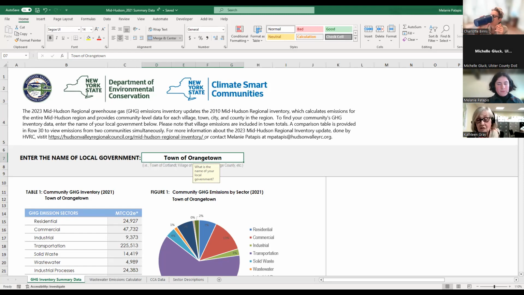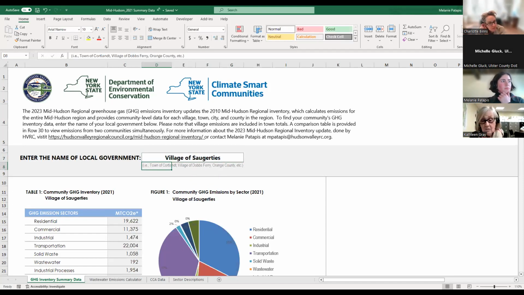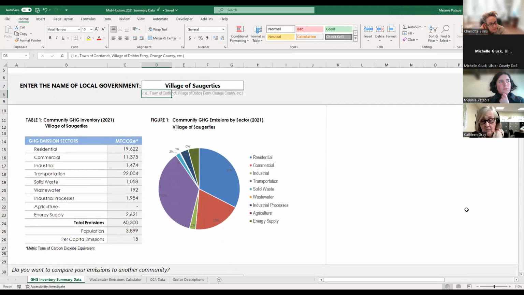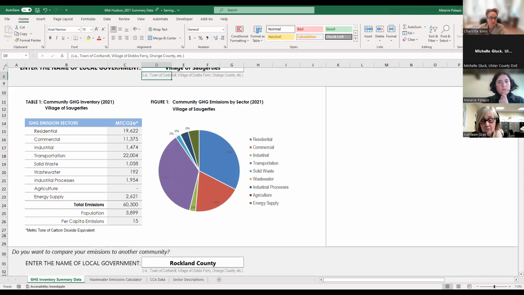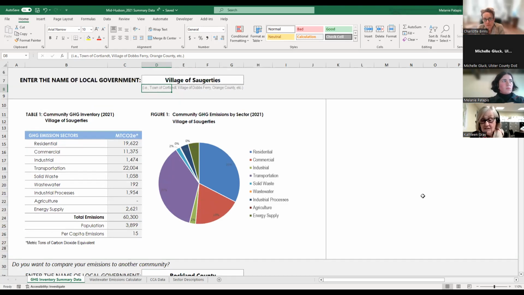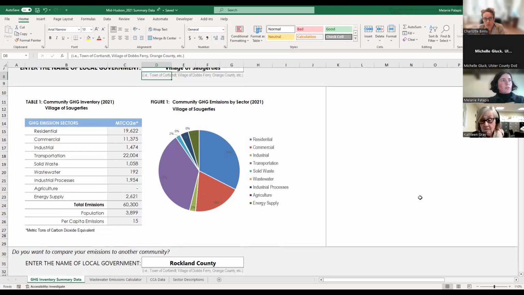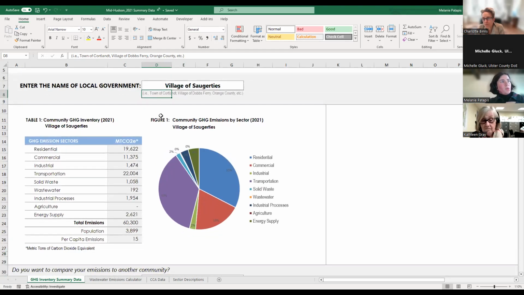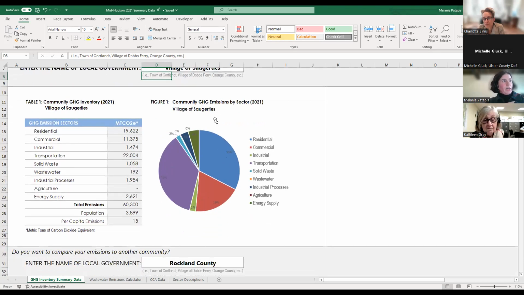The village is included in the town, and so I'm wondering, I believe our report for greenhouse gas emissions was government operations, then we would not want to, if we were going to compare the current information, we would want to separate out the village because that's not in our original greenhouse gas inventory. Yep, so you would just do both.